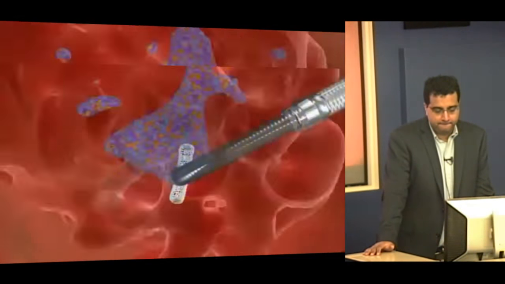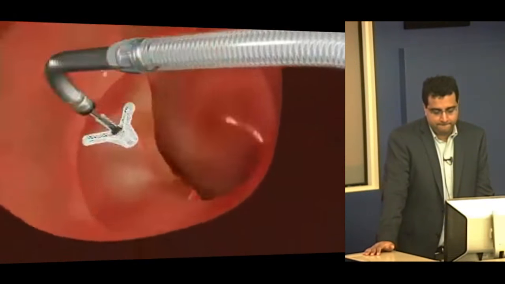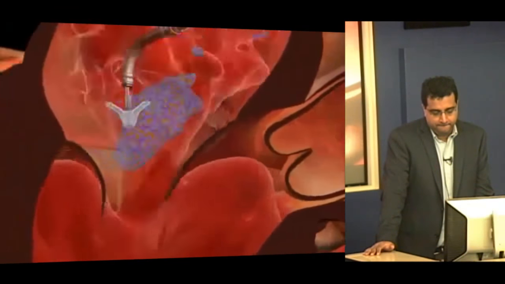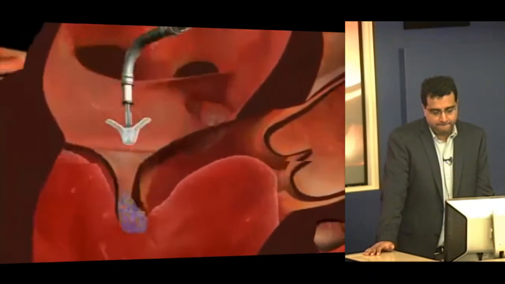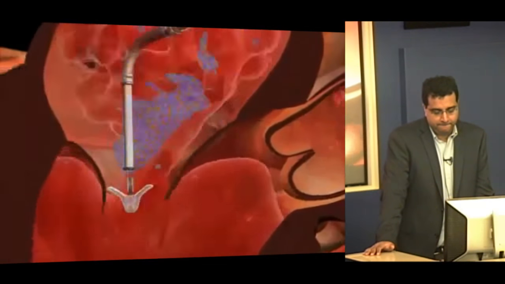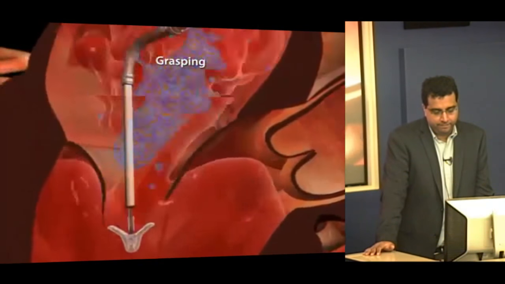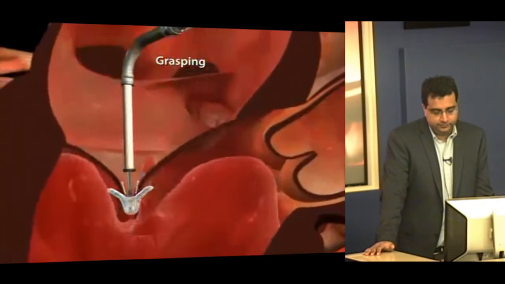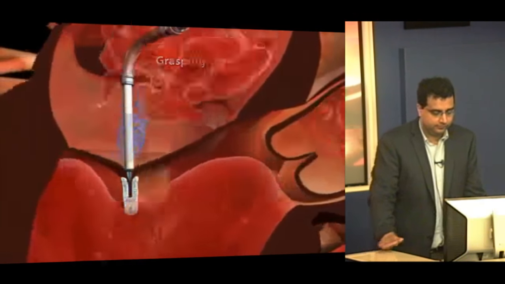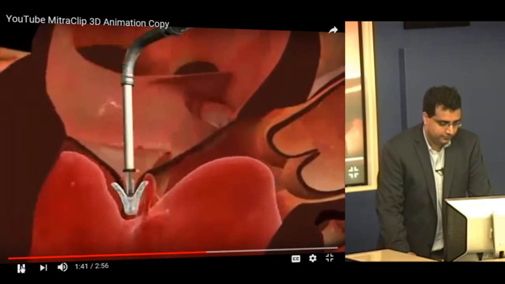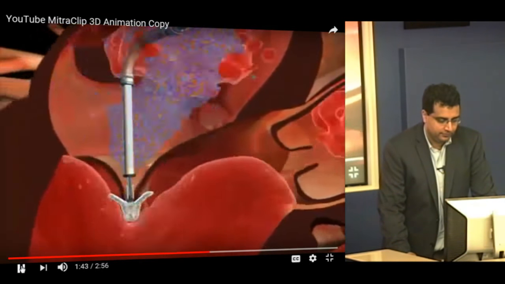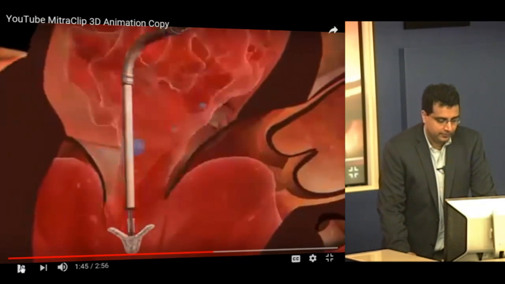Color ultrasound imaging identifies the severe MR illustrated here with blue flow. The clip is advanced into the left ventricle below the valve leaflets. The clip is retracted and closed to hold the leaflets together to reduce MR. If the MR reduction can be further improved, the leaflets are released and the clip re-advanced.